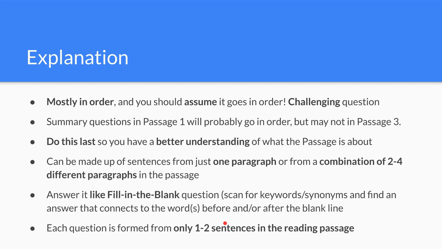And oftentimes what they will do is take 2 sentences and put them together as one single sentence. They're going to combine 2 different sentences into one sentence. And that is something to be expected because these are summary questions. In fact, that is the very definition of summary. So you take 2 sentences and you summarize them into one sentence.